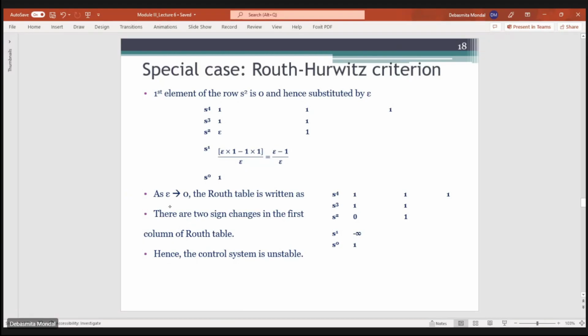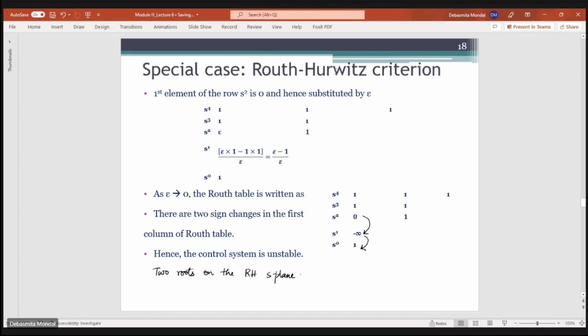So here you see that there are actually two sign changes. From here to here it is changing from positive to negative, and then again from negative to positive. So there are two sign changes in the first column of the Routh table. So you can say that the system is unstable and there are two roots on the right half of the s-plane.